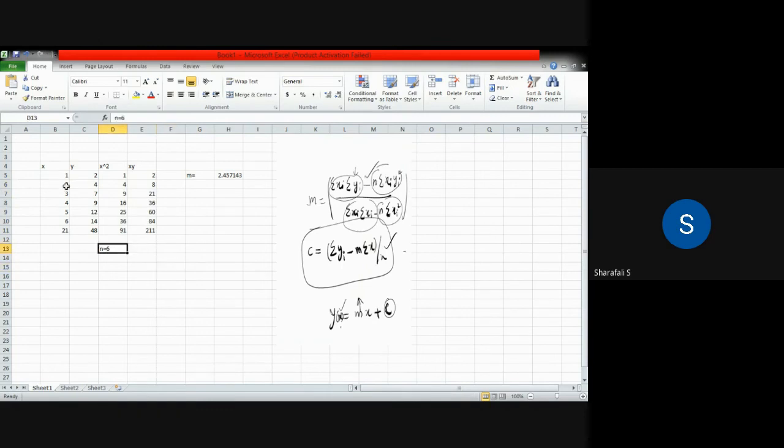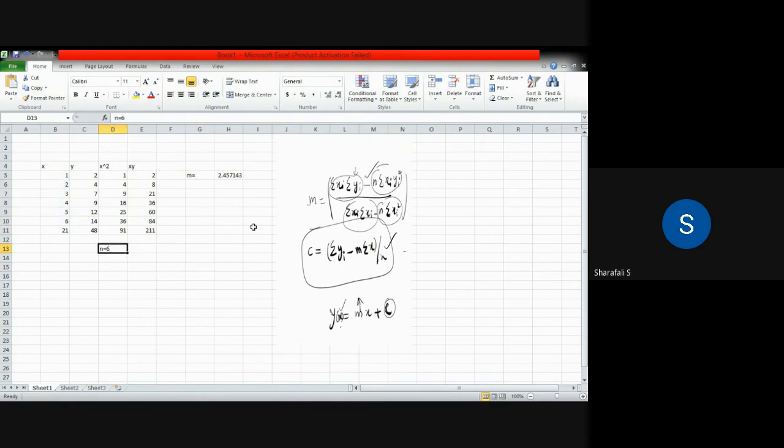We have 6 data points. This is sum of x, sum of y, sum of x square, and sum of xy.